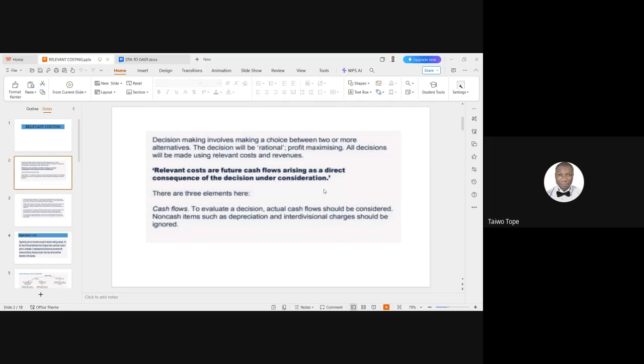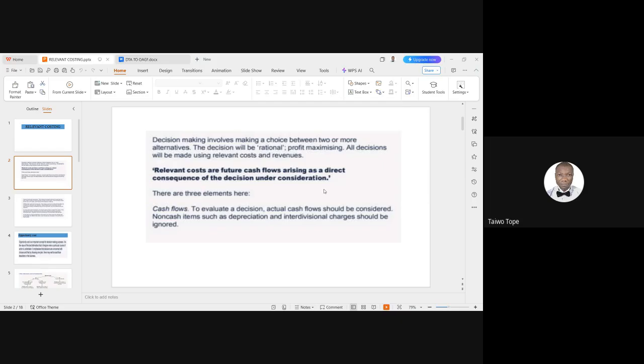Relevant cost is a concept that is relevant in every organization, whether you're in a consultancy firm, a manufacturing organization, or event planning. This relevant cost is very important. It's even relevant to individuals, because at every point in time you make decisions, and certain decisions will result into cash flows.